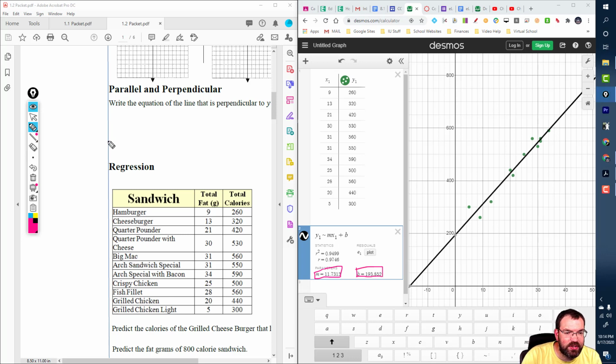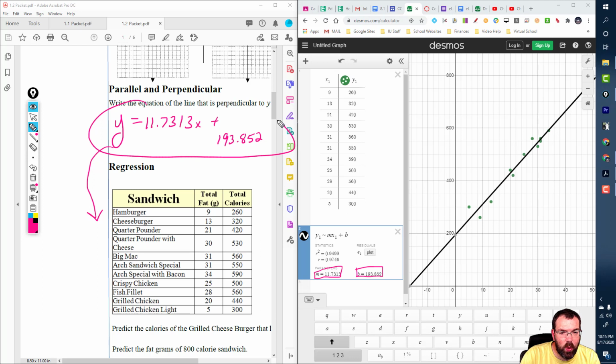So what's going to happen is this. My equation for this linear regression is y equals 11.7313x plus 193.852. This is the equation that this data models. And you can see that black line right there.